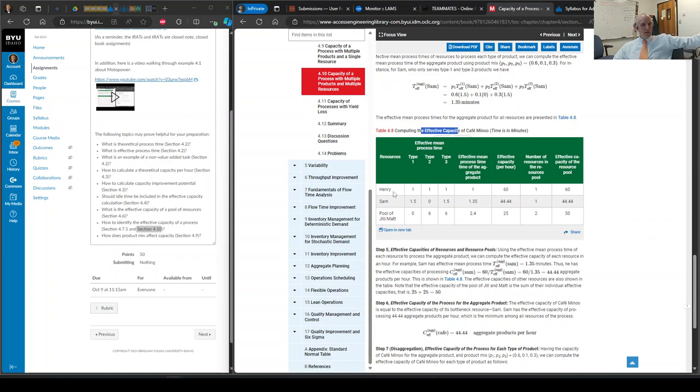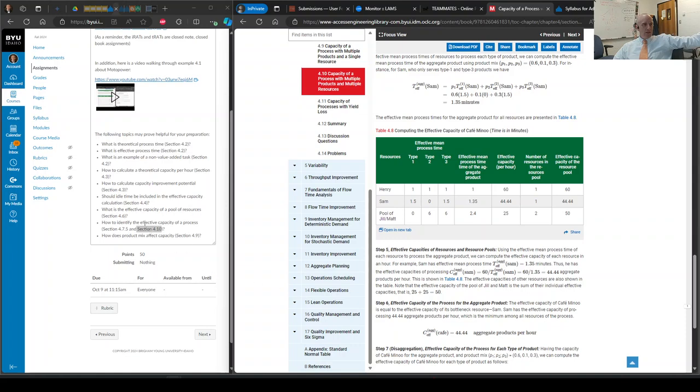And you identify the bottleneck by looking at the effective capacity. So because Sam here has the lowest effective capacity of these three different resources, this is the effective capacity of the overall process. You can read some more about that to find out the details.